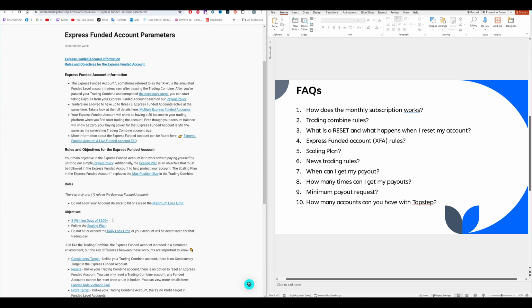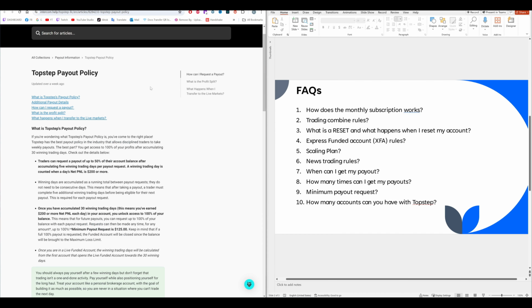of $200 profit or more. So after satisfying that rule, you will be able to request a payout of up to 50% of your profit. After accumulating 30 winning days non-consecutively as well, you will be able to unlock access to 100% of your payout and your balance, and you will be able to withdraw however much money you want.